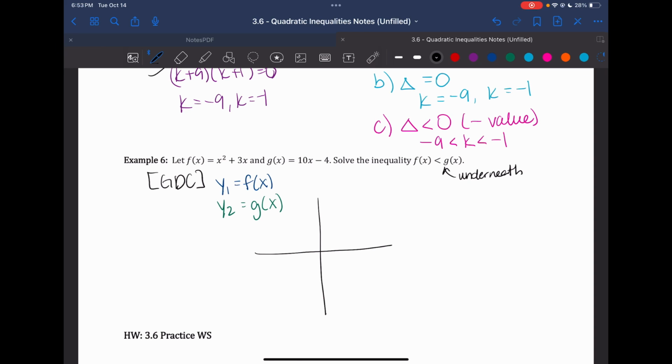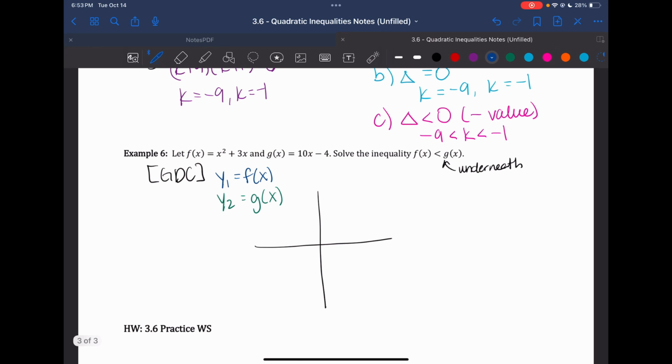You should have a parabola, and then you should also have a straight linear line. Now this is a sketch, so it's definitely not perfect, but it's going to cut twice.